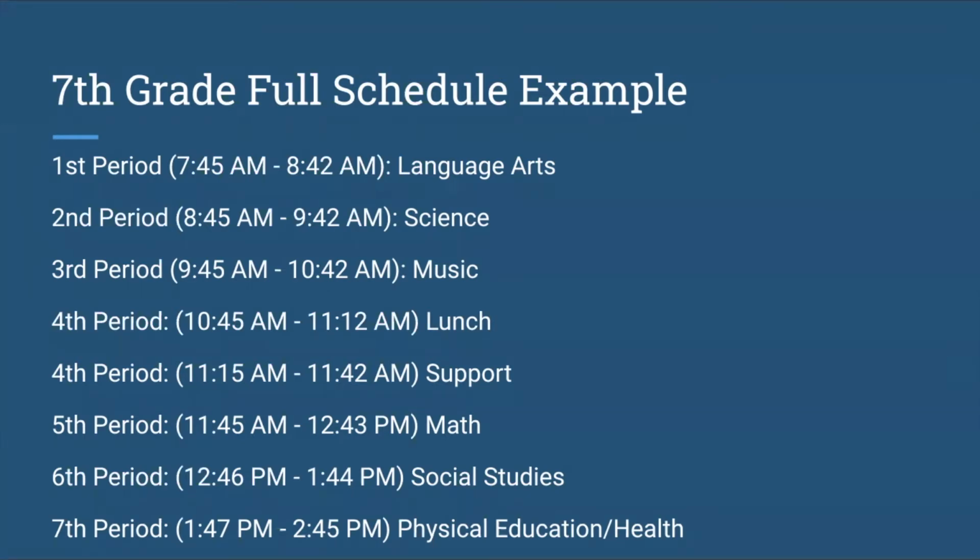Sixth period, social studies. And as you see now, it's a 7-period day. We will be done at 2:45, and that could be one of your elective classes. Your elective classes might be different times throughout the day. However, music will always be third period, lunch will always be fourth period, and then support will follow.